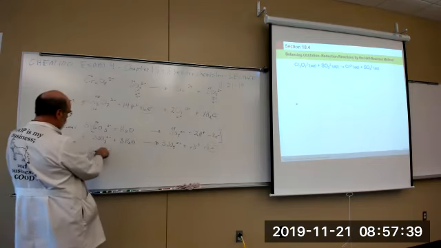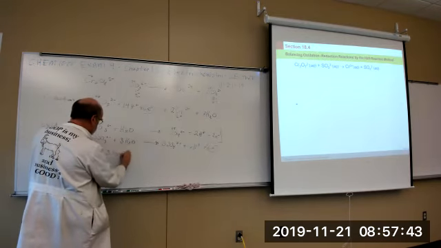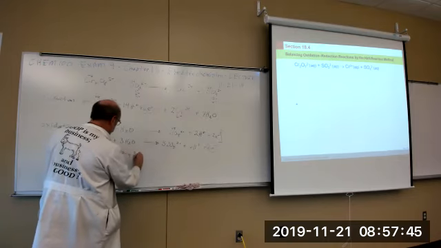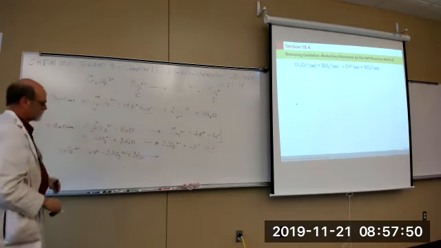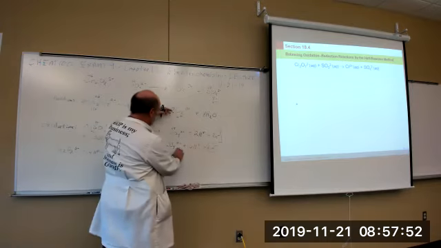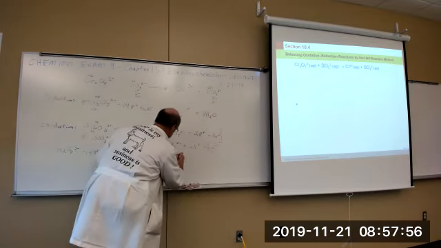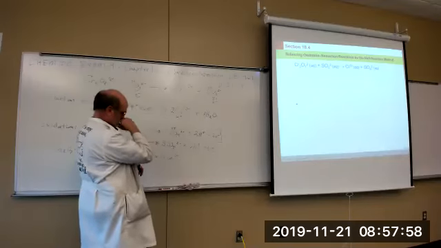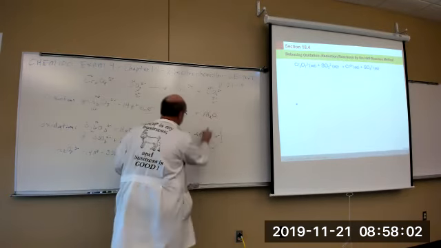And still on this side, we have 3 sulfites and 3 waters. So that's everything on the reactant side. Product side, we're going to put these 2 together. So we have 2 chromium 3 plus and 7 waters here.